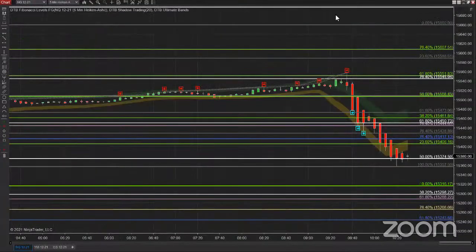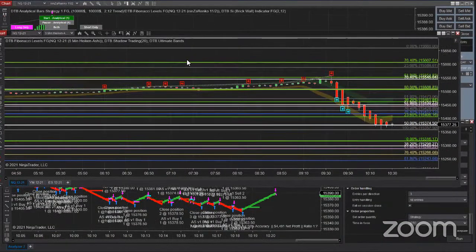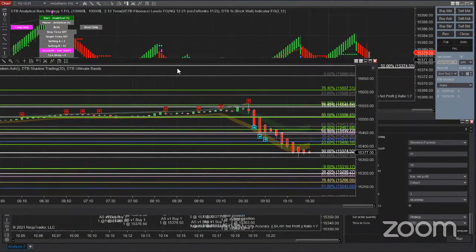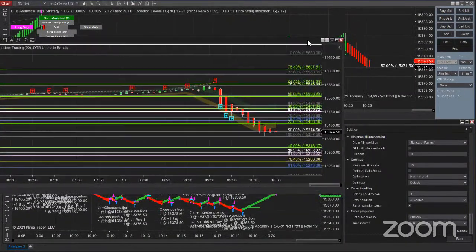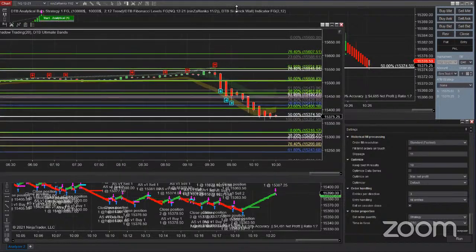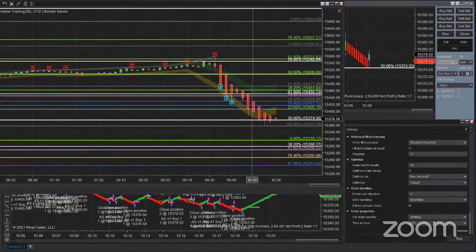I'm just looking at this 5-minute chart again. I know there's a lot of lines and stuff on there. It could be quite overwhelming, but you could limit the amount of lines on that chart. So if you want to remove some of these Fibonacci levels, you can certainly do that, especially if you are trading longer term charts.